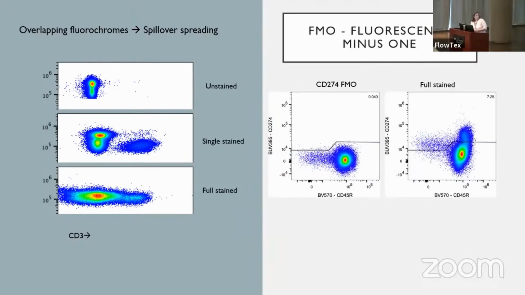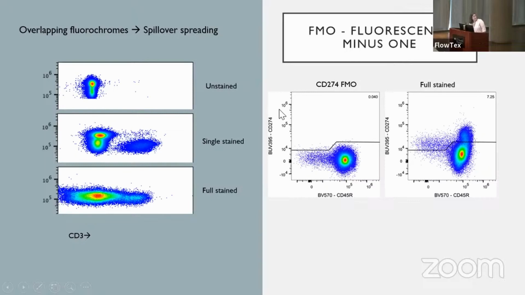And the final piece that's also been mentioned, fluorescence -1. In a case where there is spillover spreading in a well-designed panel, you still can use the fluorescence -1 to figure out positive versus negative. So this is a panel where we're looking at CD45R positive cells. There's quite a bit of spread here from some antigen that's now spreading, is co-expressed on these cells, but it's not co-expressed on these cells.